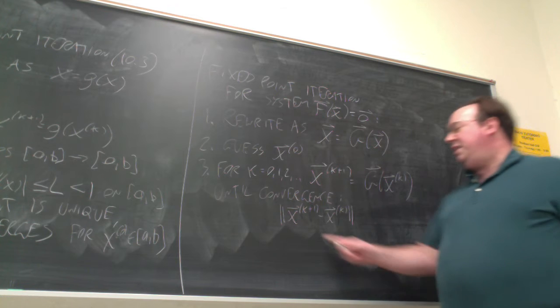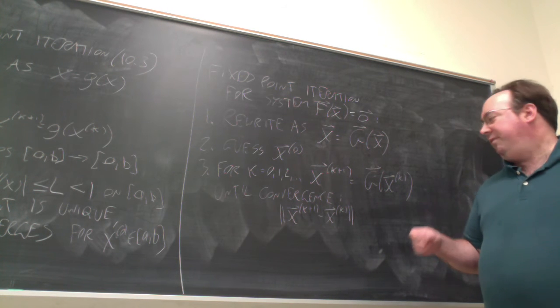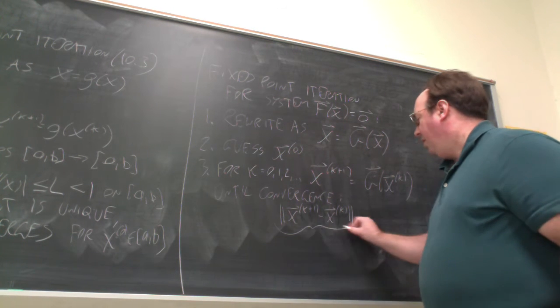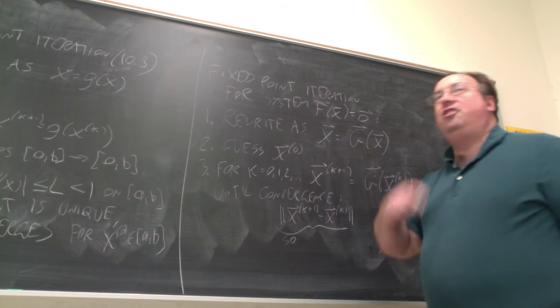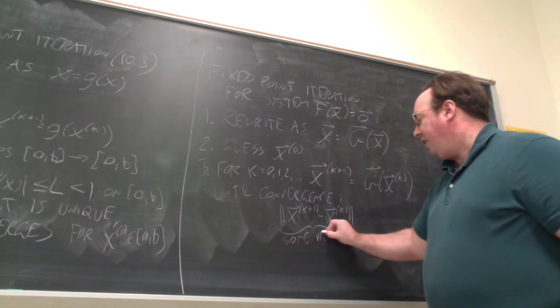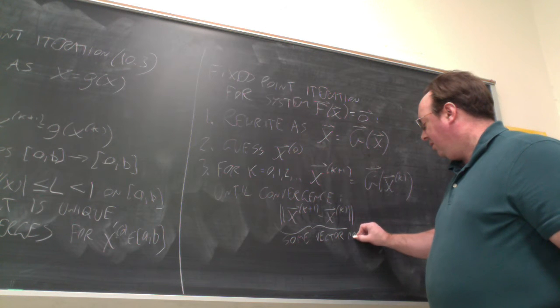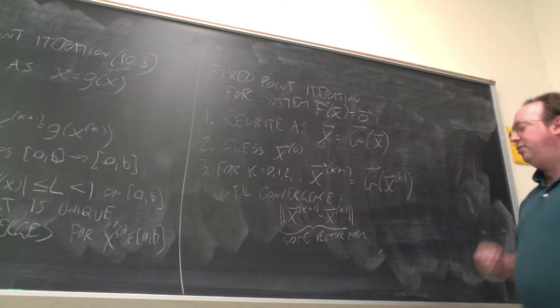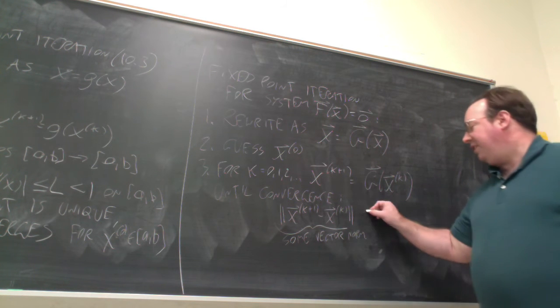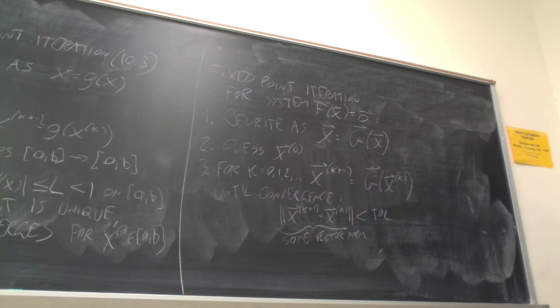For instance, it could be the largest element, which is the infinity norm, or it could be the 2 norm, which is the square root of the sum of squares. For our purposes, it doesn't really matter which, and if one vector norm is small, they're all going to be small. So you choose some vector norm and you want that to be less than some error tolerance, maybe less than 10 to the minus 8.